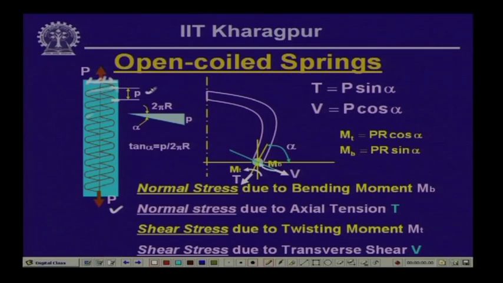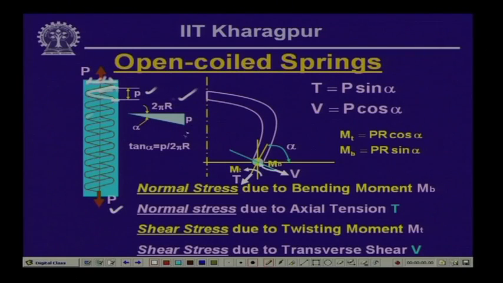If they are in the same plane, and r is the mean radius of this spring, then the length of one turn will be twice pi r. But since the helix is inclined with respect to the horizontal plane because of the larger pitch, the length is going to be larger than twice pi r.